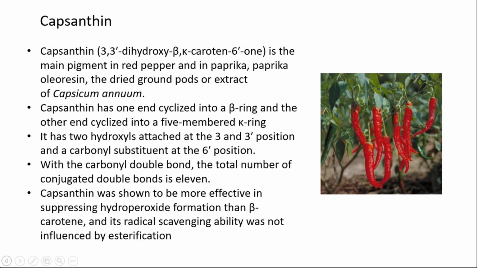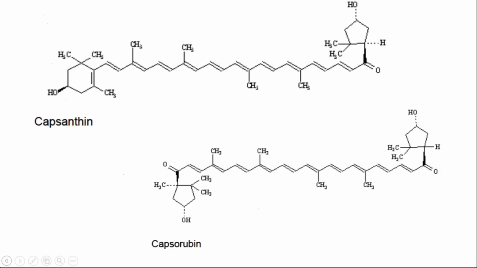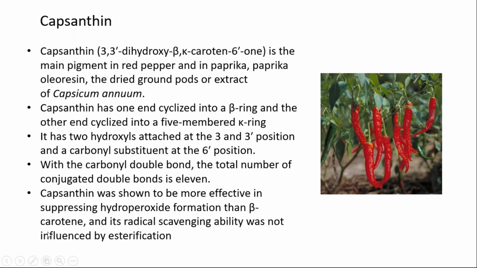It has 2 hydroxyl groups, one over here and one over here, attached to the 3 and 3' positions of the two rings, and a carbonyl double bond. The number of conjugated double bonds is 11, and conjugated double bonds allow it to absorb visible light, and so therefore you have the color.